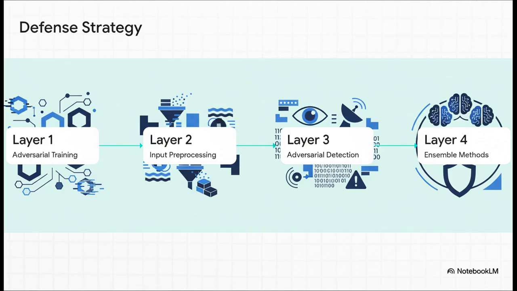Think of this as sanitizing the data before the AI ever sees it, trying to smooth out any of those malicious tweaks. Third, you've got adversarial detection. These are specialized monitors that are trained to look for the statistical fingerprints of an attack. And finally, number 4, is using ensemble methods. Basically, instead of relying on one AI, you get a second opinion from several different models. You know, it's much harder to fool a whole committee than it is to fool a single person.